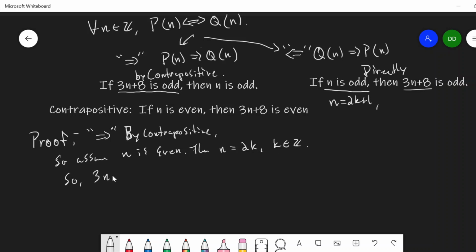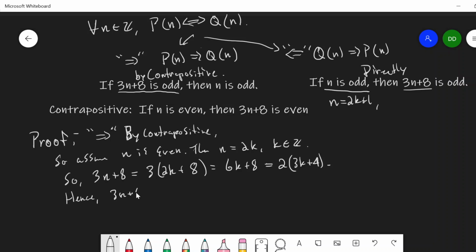So 3n plus 8 equals 3 times 2k plus 8. So that's 6k plus 8. And I can factor a 2 out of that. So that's 2 times (3k plus 4). And so I've succeeded in writing 3n plus 8 as twice another integer. And so I'll say hence 3n plus 8 is even.